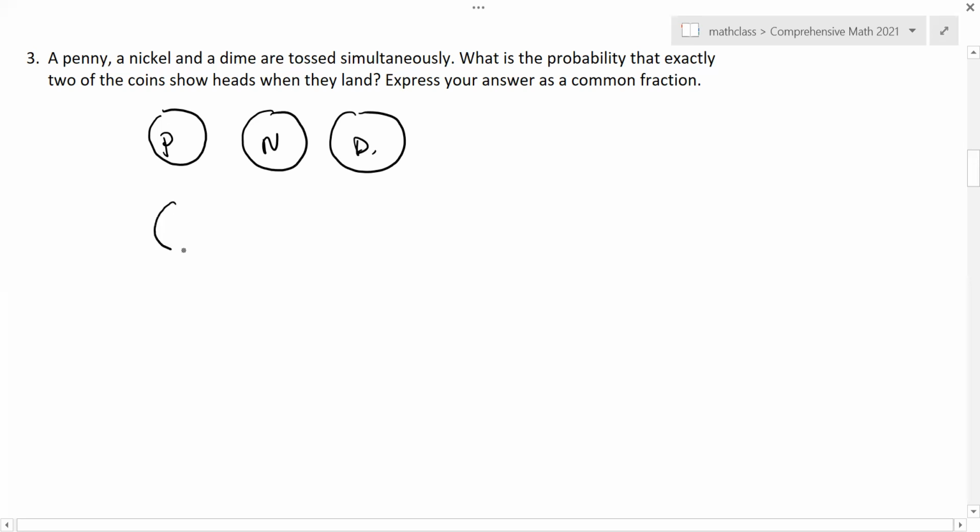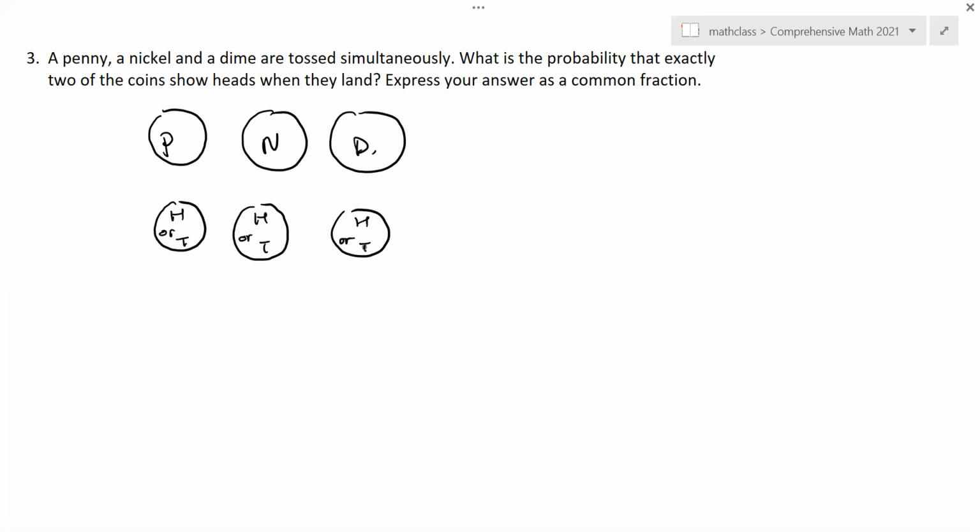So either heads or tails for the first one, then try it again, the second one, either heads or tails. And you can also throw the 3 different coins on the table and then count one by one.